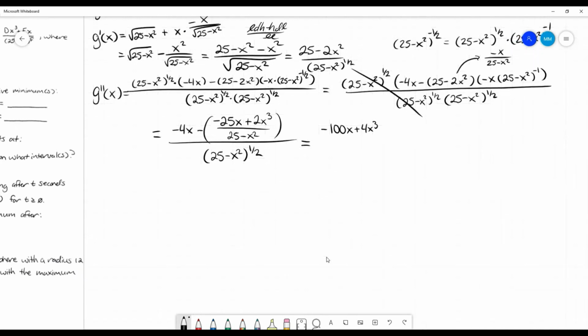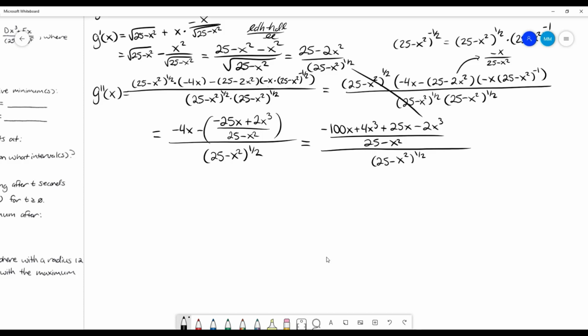And that's now in this same numerator. So minus a negative 25, so plus 25x minus the 2x cubed, because I have to distribute that negative right here, and that's all over this still.